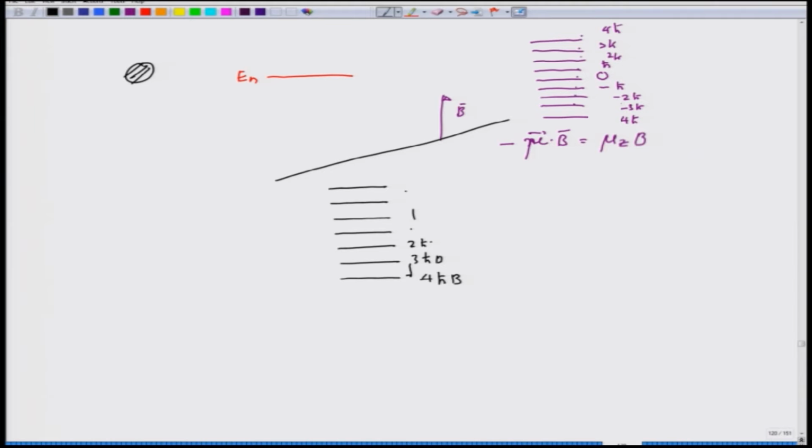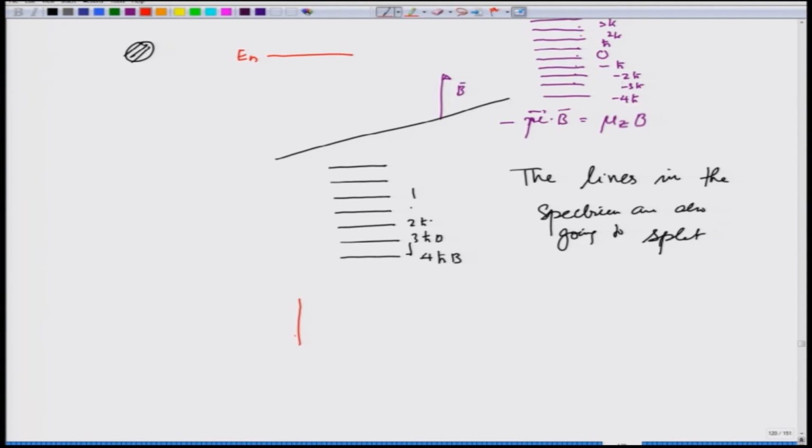These levels are going to split, and therefore the lines in the spectrum are also going to split. Suppose I had a line like this which was coming at a certain wavelength lambda, this is going to split into nearby lines.